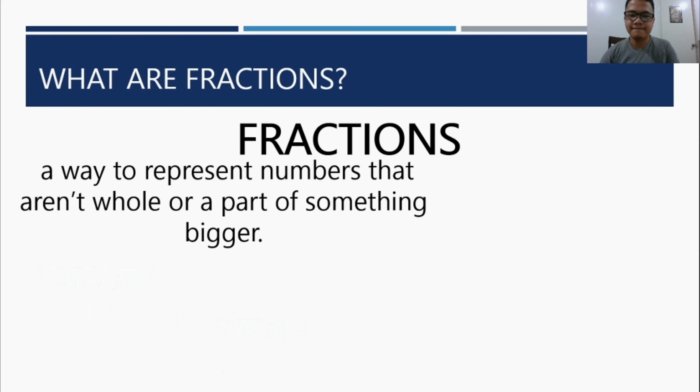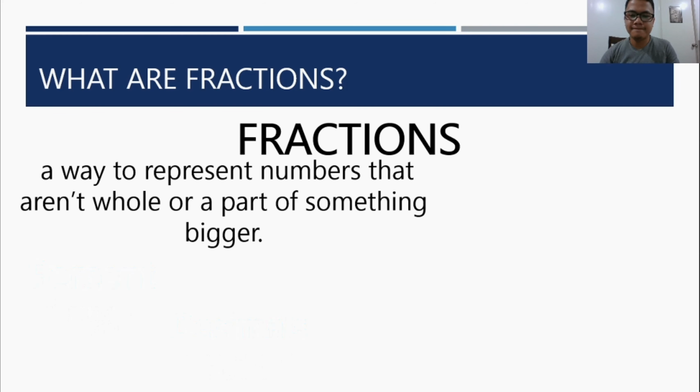Then we have 3, the numerator, which is the part and tells you how many parts are taken. So we have 3/5, or 3 out of 5. I believe you already know that one also.